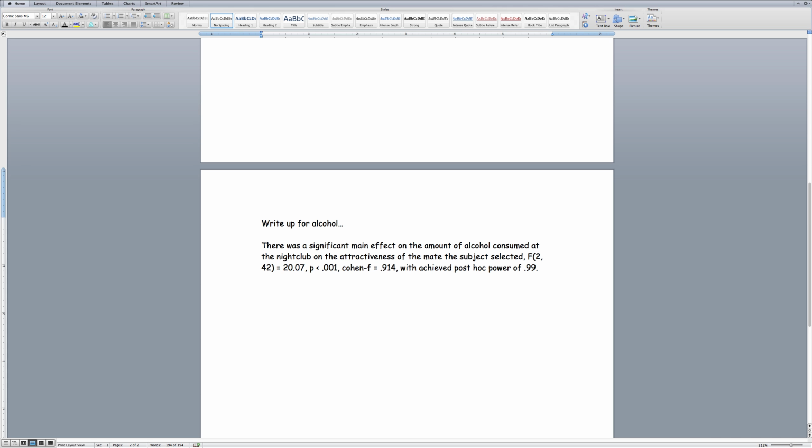We can say the Bonferroni post hoc test revealed that the attractiveness of selected mate was statistically significant.